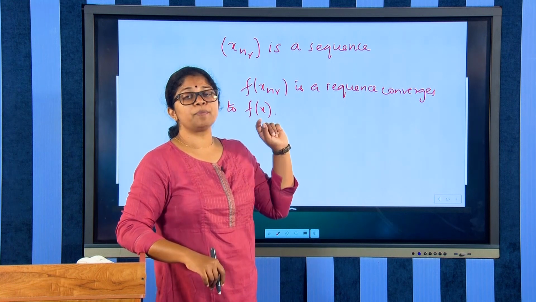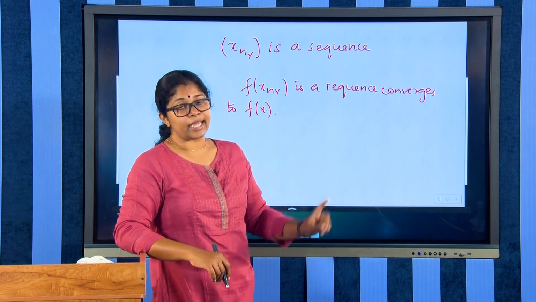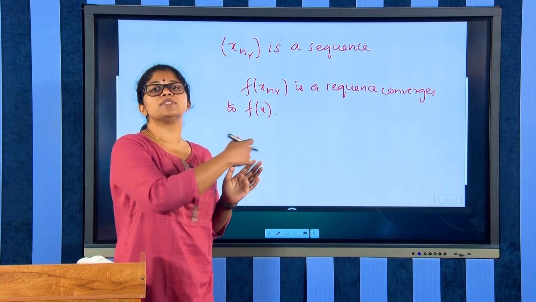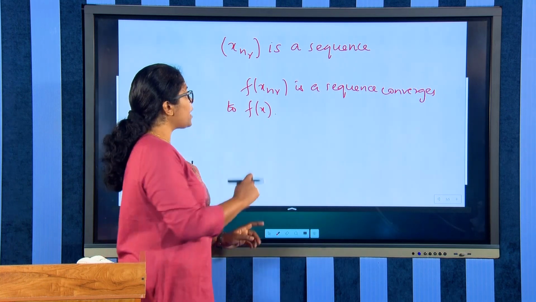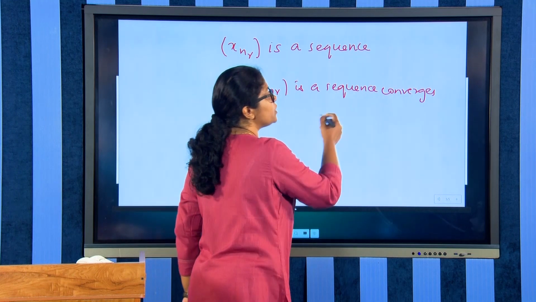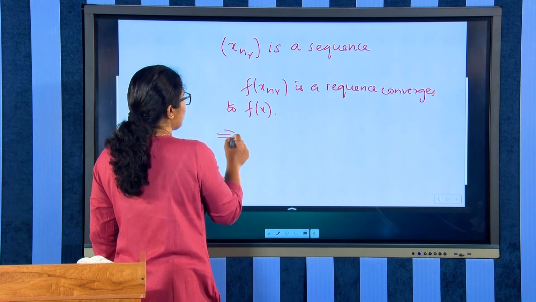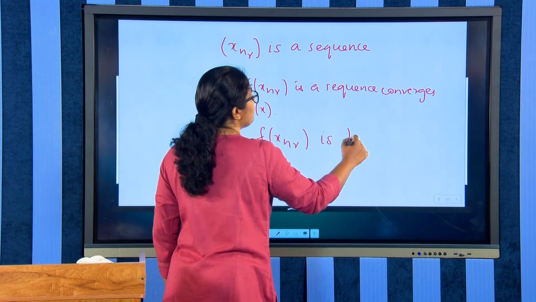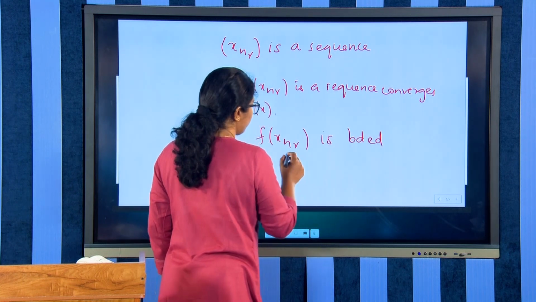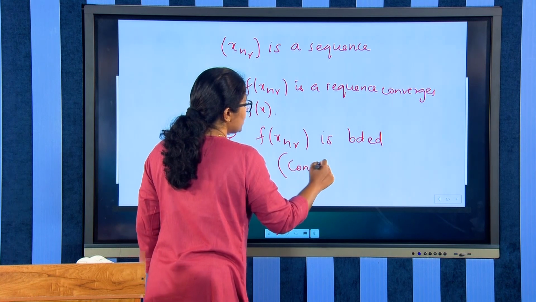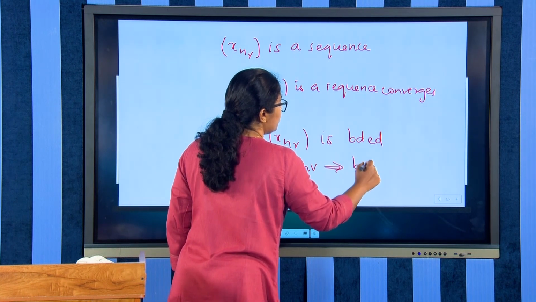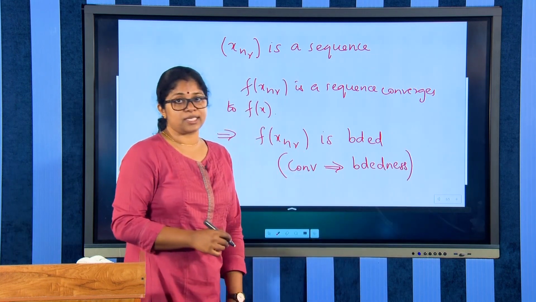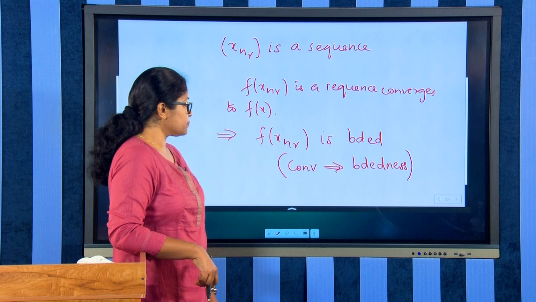So, by the concept of convergence of real sequences, we have learned that every convergent sequence is bounded. So, f of xnr is a converging sequence, which means f of xnr as a sequence is bounded, because it follows from the theorem convergence implies boundedness, which we have learned in the case of real sequences in the previous sessions.